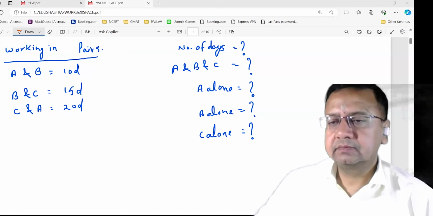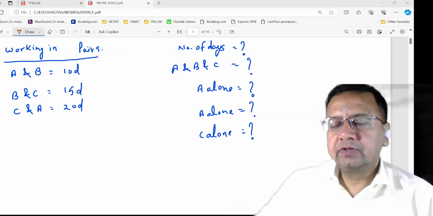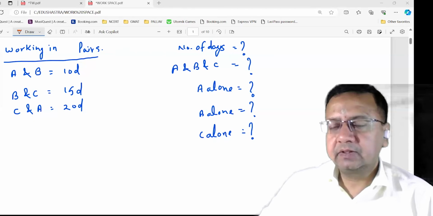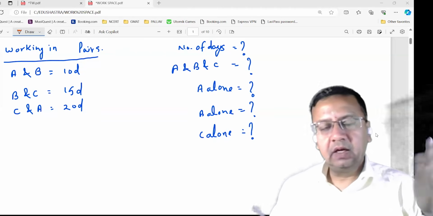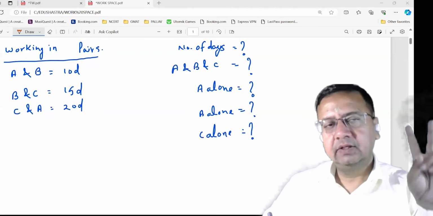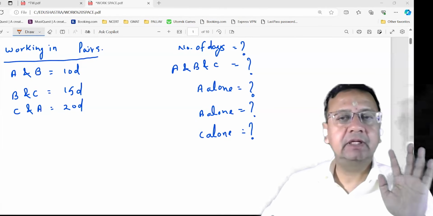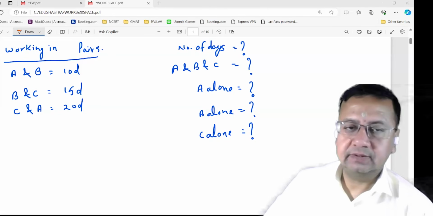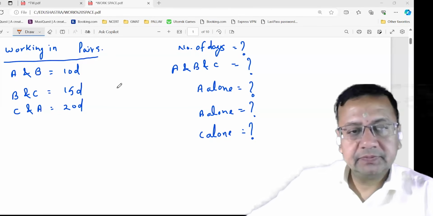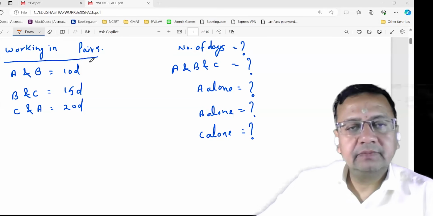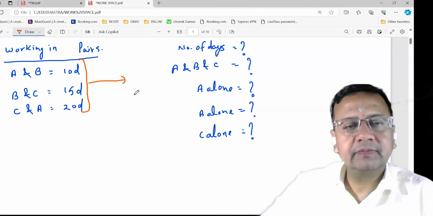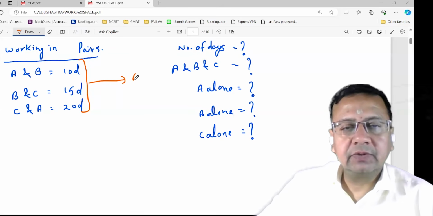So remember, we have discussed the different methods: unitary, percent, and LCM. And I suggested that LCM is relatively easier and faster. So what to do? Take the LCM of all these numbers. What is the LCM? Sir, 60. So I assume total work to be 60 units.